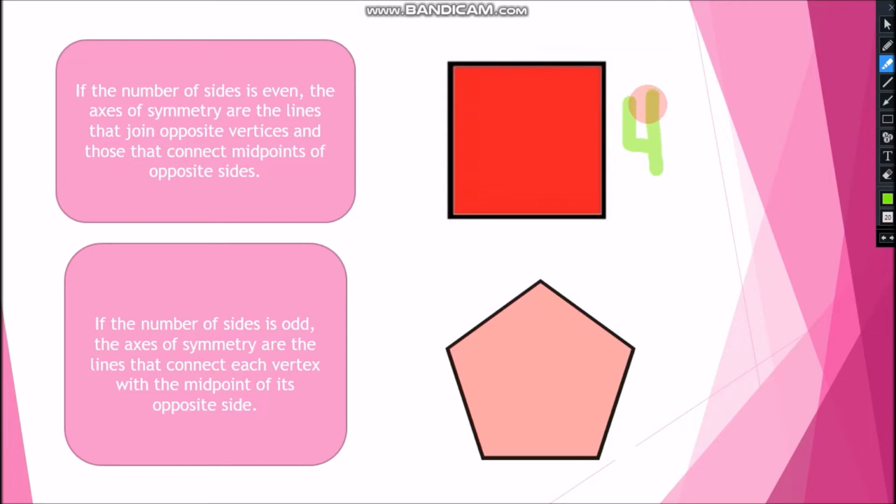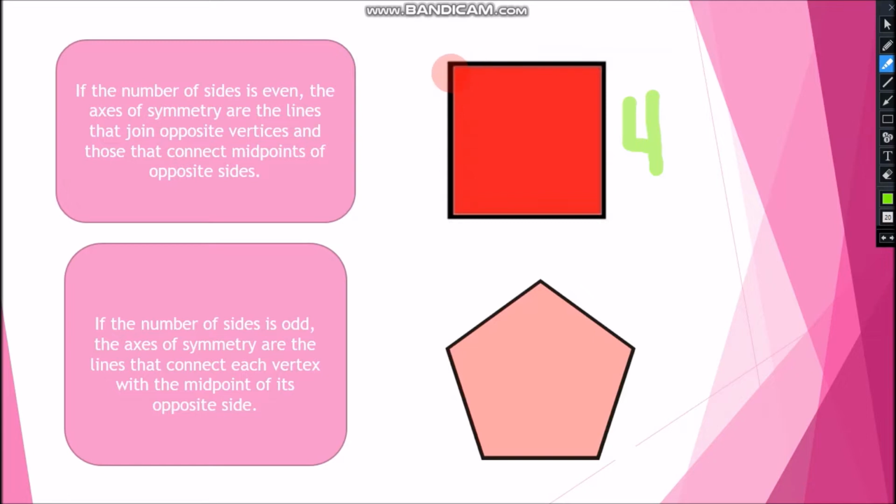Por ejemplo, si tenemos figuras de lados pares, como por ejemplo una figura de 4 lados, o de 6 lados, o de 8 lados, en este caso tengo un cuadrado que tiene 4 lados, por tanto es una figura de lados pares, sides even. The axes of symmetry are the lines that join opposite vertices. Las líneas de simetría serán aquellas que unen vértices opuestos.